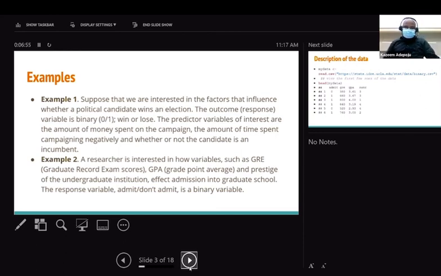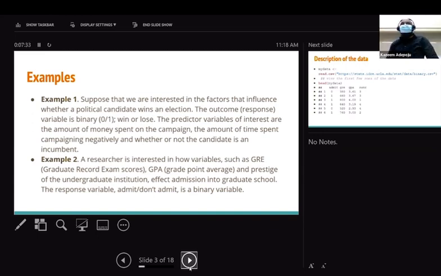An example of this is when you are trying to investigate factors that could influence a political candidate to win an election. The response variable is basically going to be, either he wins or he loses. You get what I mean? It's either a politician that competes in an election loses or wins, which means the response variable is categorical.